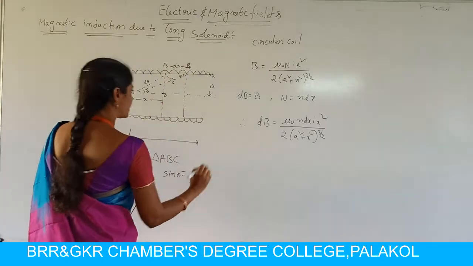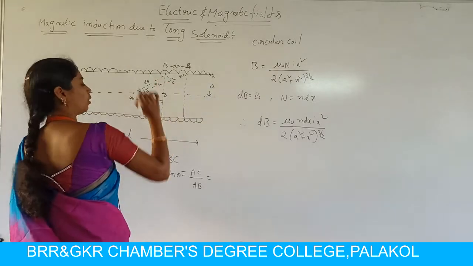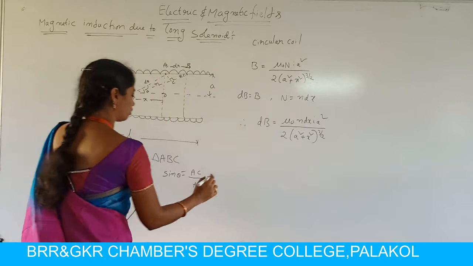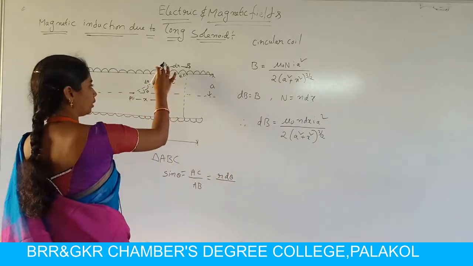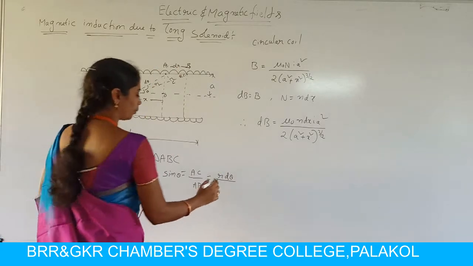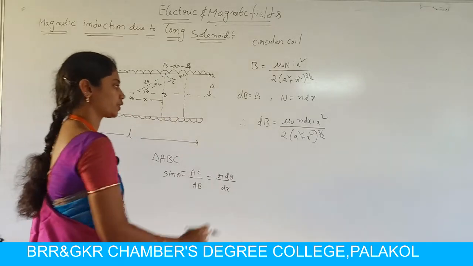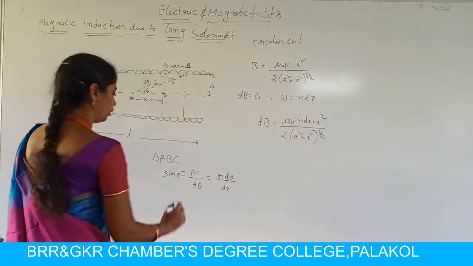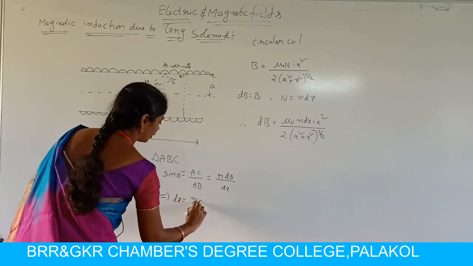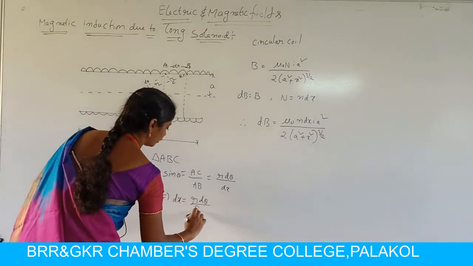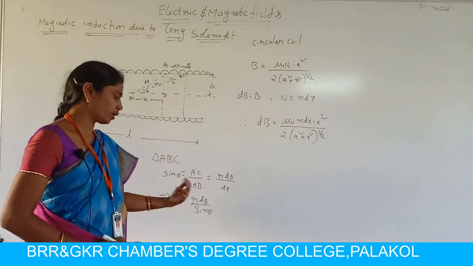Here AC is the distance considered as r, so its value is r d theta, and AB is the elemental length, which is nothing but dx. From this, dx is nothing but r d theta by sin theta.